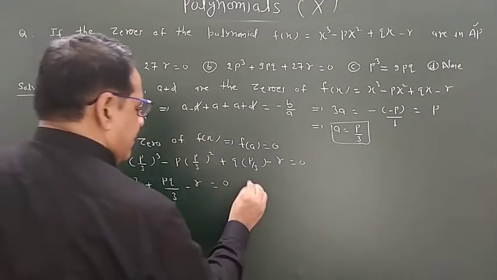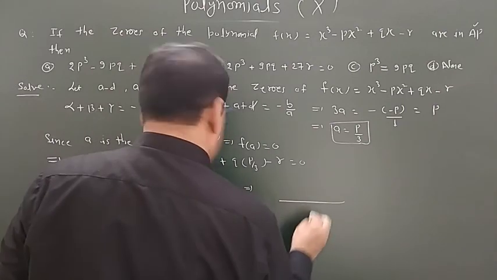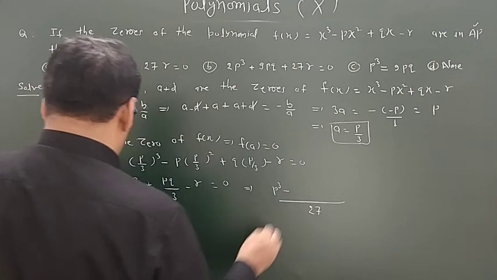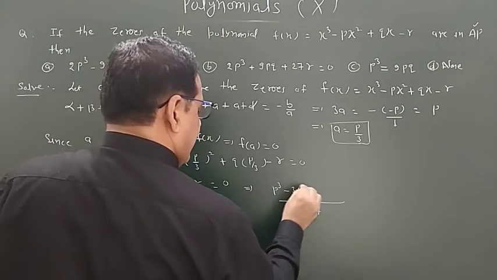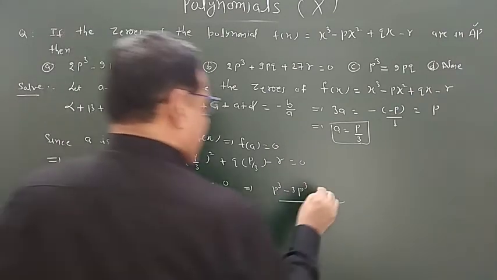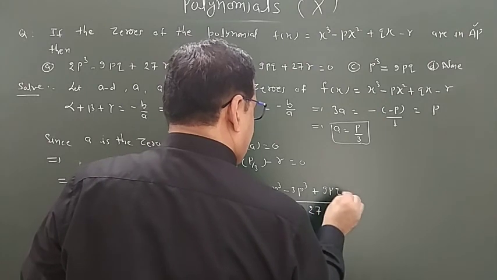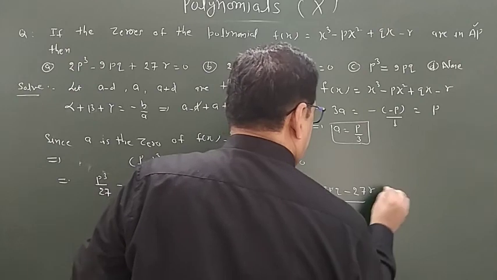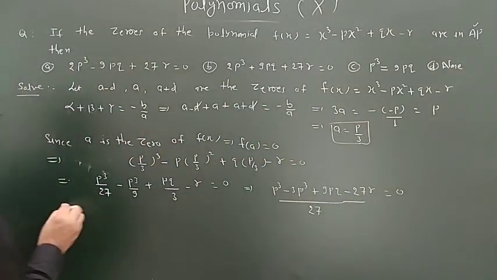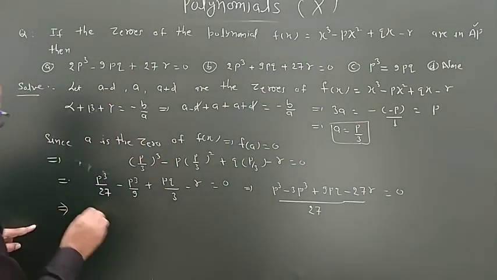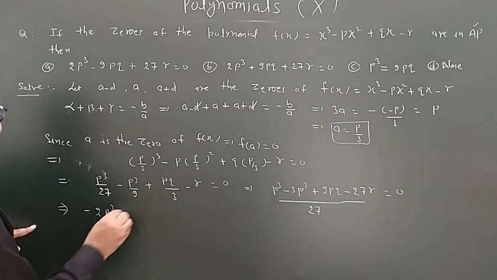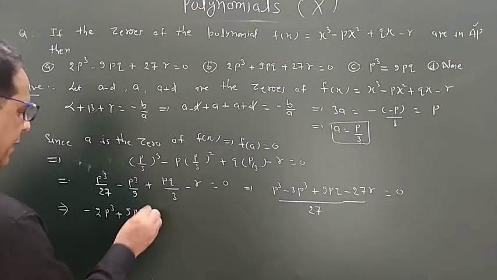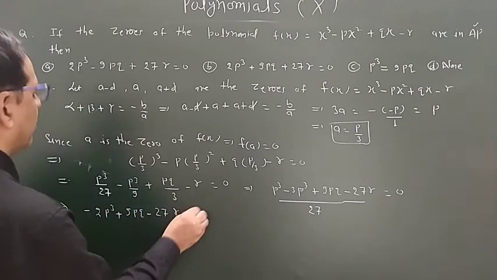Now take LCM here. So LCM is 27: p cube minus 3p cube plus 9p cube minus 27r equal to 0. Now cross multiply. So we have minus 2p cube plus 9p cube minus 27r equal to 0.